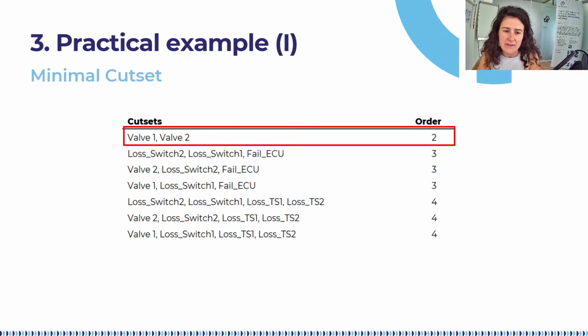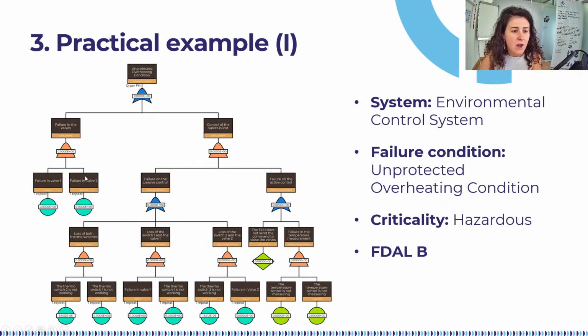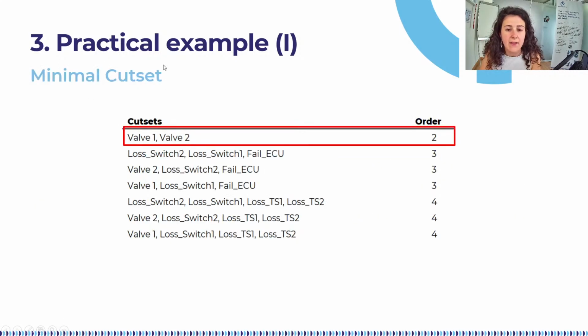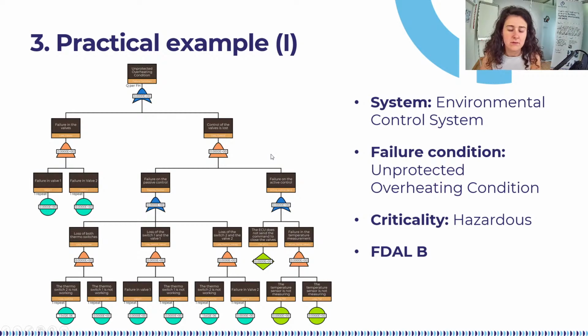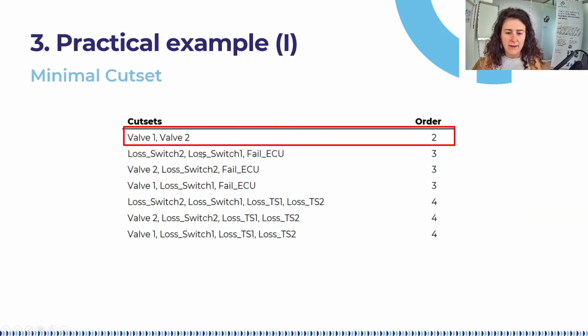These are the minimal cut sets. So if valve 1 and valve 2 fail, we can check here 1 and 1, this will occur. Well, we have lost switch 2, switch 1 and ECU, then the top gate occurs because we have here the ECU and here both switches. But we highlight later.